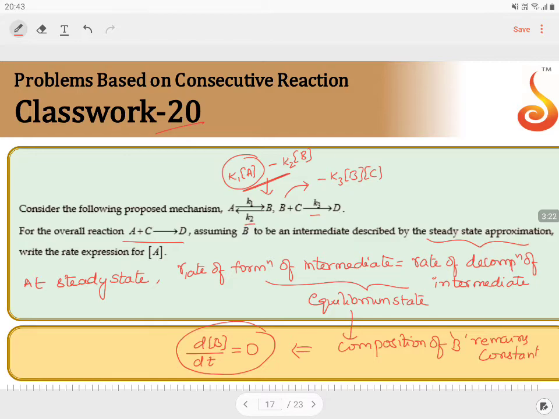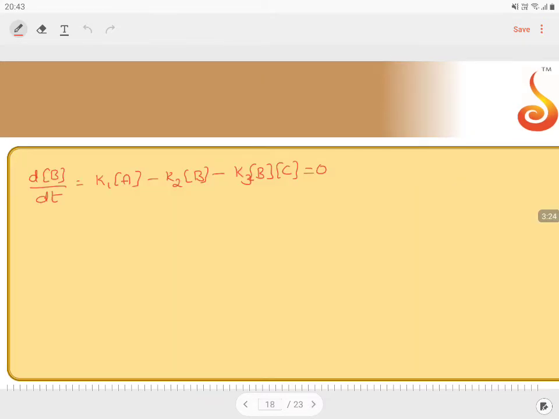So dB by dt is K1 into A minus K2 into B, forward and backward, up to here is the first equation. Then the second equation, where it is decomposing, minus K3 into B into C, is equal to 0.